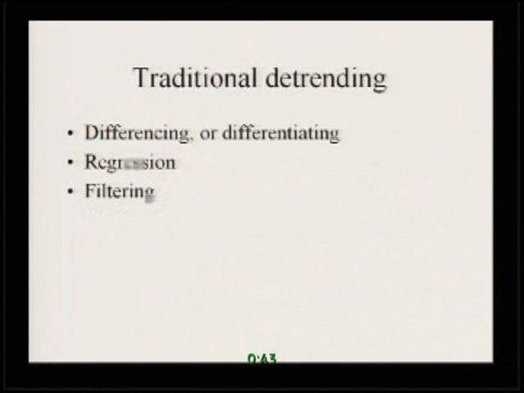The traditional detrend methods, there are many. The first one is differencing or differentiation. What's differencing? If my data has all this up and down, I take data x(n+1) minus x(n), x(n+2) minus x(n+1). You take the difference between the data. Immediately the trend disappears.